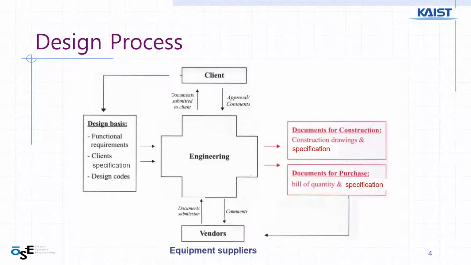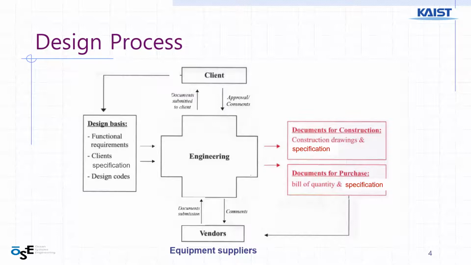Now, the client should be the owner of the plant, mainly the oil major companies such as ExxonMobil or other, Total, Amco, and then the client gives the engineering the comments and approval.